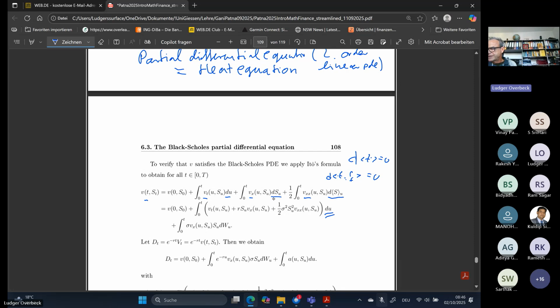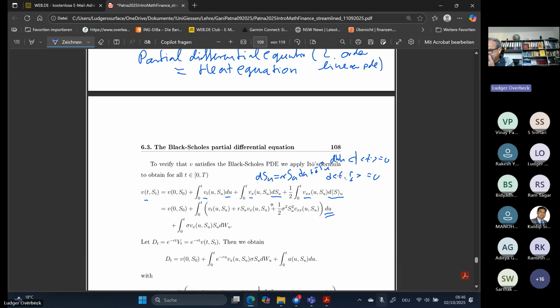First we have this term, dS_u under the risk-neutral measure is r S_u du plus sigma S_u dW.